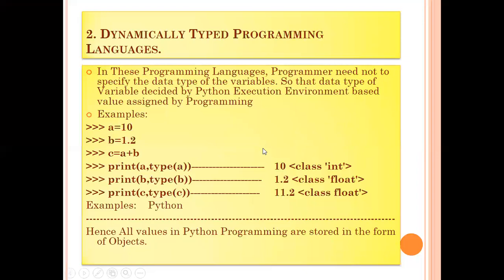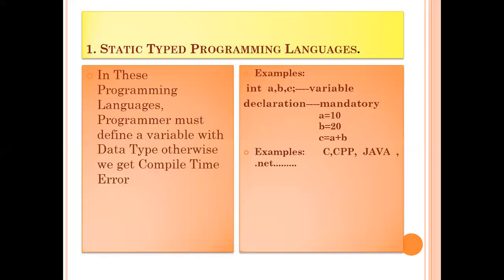If we talk about this, we are not specifying the data type. See here, A is equal to 10, B is equal to 1.2, C is equal to A plus B. We are not specifying the data type of the variable. When we write print type of A, we are getting its class int. But if we talk about the static type, we need to mention int ABC, integer ABC.